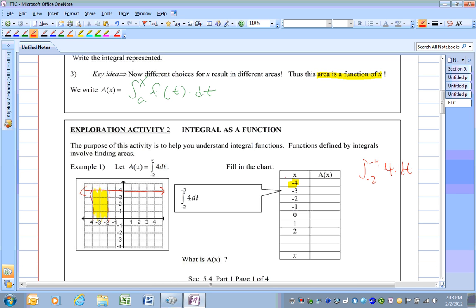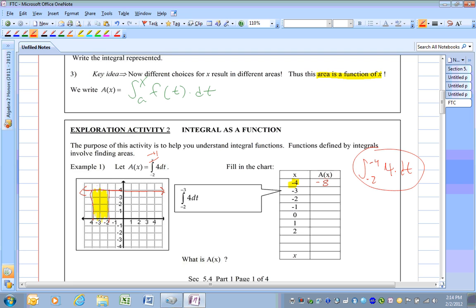If x is negative 4, meaning I replace this here with negative 4 and work this out, looking at the shaded area I just did, what would that area be? It's negative 8. Why negative 8? You're right, it's 8, but because we're going from right to left. That's the reason why. So you have to look at where the boundaries are located, because a is obviously greater than b in this case. So that's why it's negative 8.